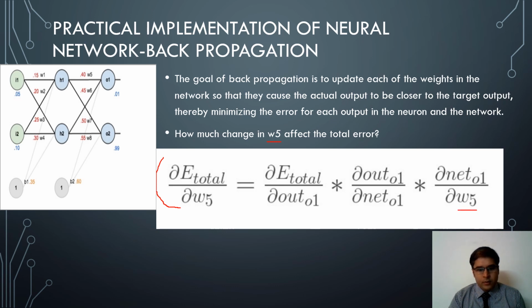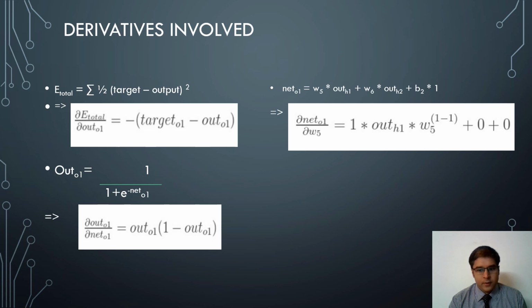As we know, we can get all these separately. If these all cancel out, we will be left with this only. So this can be written in this form, and we'll see how we calculate the right hand side of the equation now. Now we'll see the derivatives involved and how they work out to be.